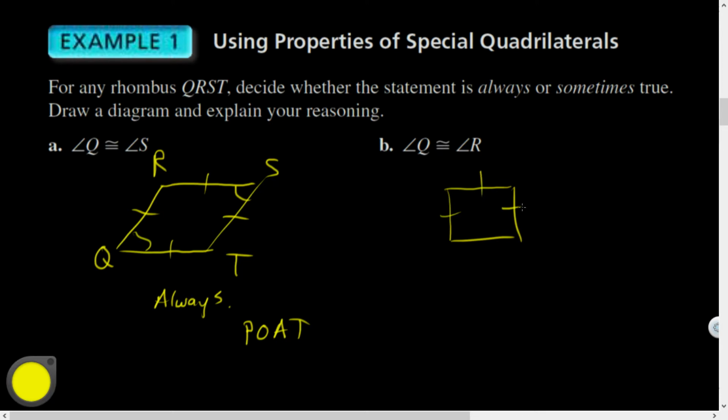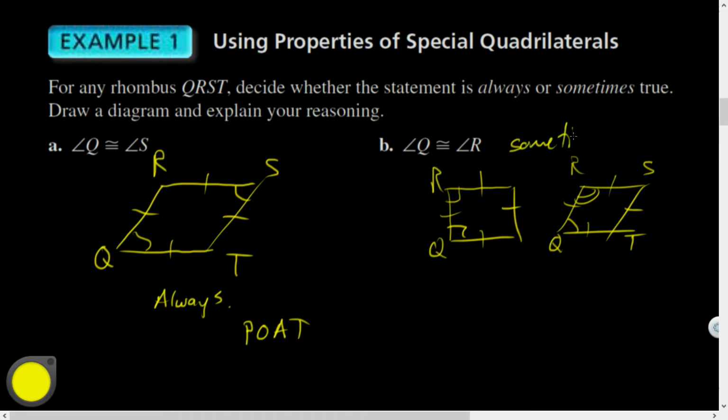If that rhombus is a square, then they would be congruent. But in any other rhombus situation, a rhombus is a diamond, essentially, so these angles would be supplemental but not congruent. So this is sometimes. In square situations, it works out.